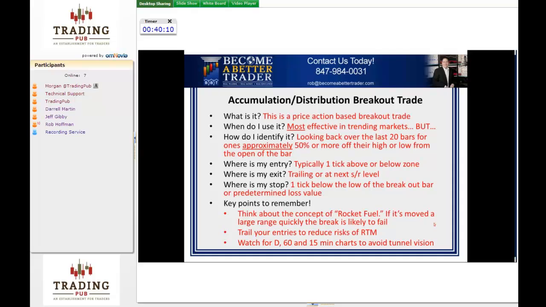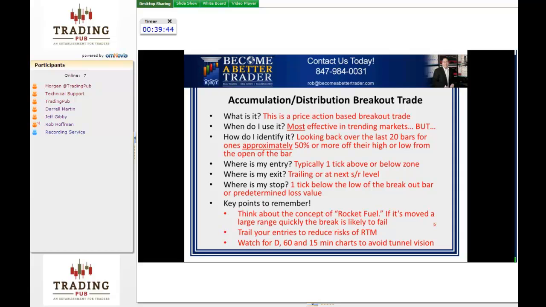The average stop in the Russell is 12 to 20 ticks, and the Euro is similar, in the 12 to 20 tick range. With all the studies that I've done over the years, the number continues to remain the same. So if your entry bar, your signal bar, tends to be too wide, you may have to manually adjust that rather than using the one tick below methodology.